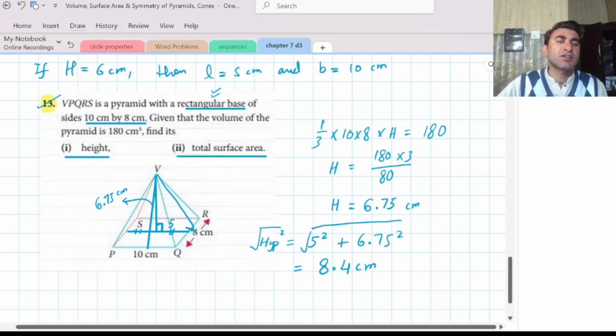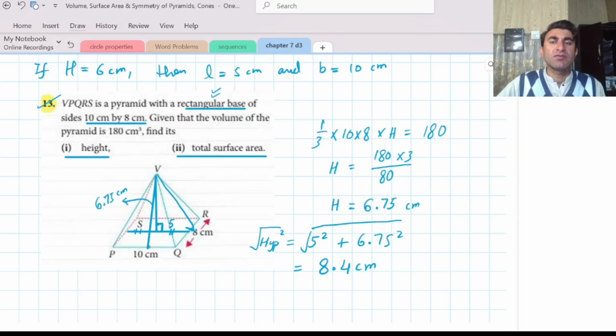8.4 centimeter. Now in order to figure out the second slant height over here, we will first draw a side over here which is parallel to QR. As we know, QR was 8 centimeter, so each part of this will become 4 centimeter and 4 centimeter. Again, the slant height over here is again the hypotenuse of a right triangle with the other two sides 4 and 6.75.